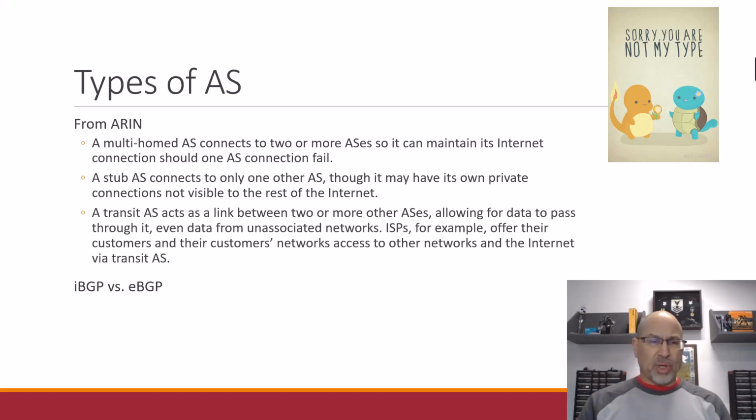We'll do another build later on. So multi-homing means that we might have knowledge of more than one AS. A multi-homed AS connects to two or more ASs, and we would do that for redundancy. A stub AS is very straightforward. It is just connected to another AS to get out to the rest of the world.